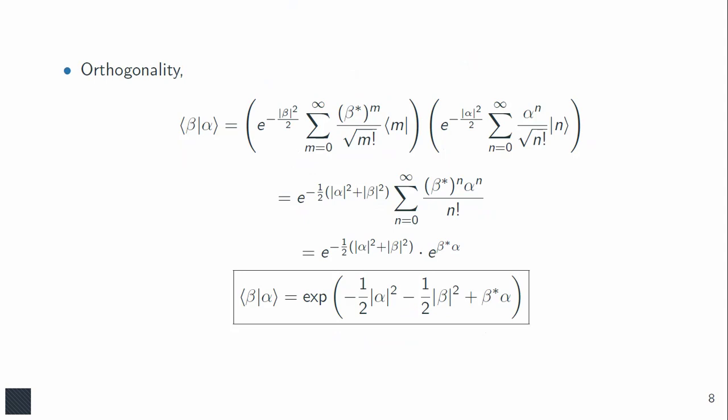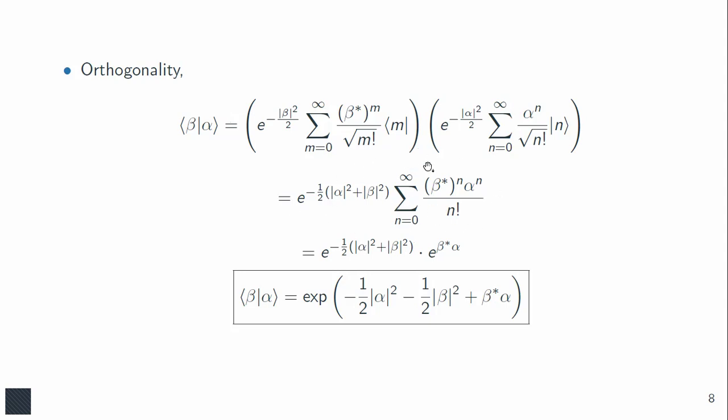So next, see the orthogonality condition of these coherent states. So we know that the different bases, or bases with different eigenvalues, are orthogonal to each other. So let's see what is the case for these coherent states. So we have different coherent states, and we could take their inner product by writing them in terms of Fock states, and we are going to have this.